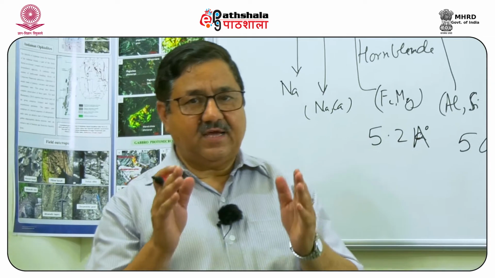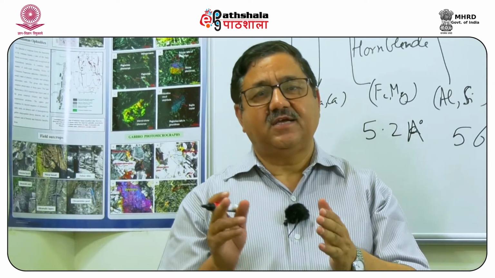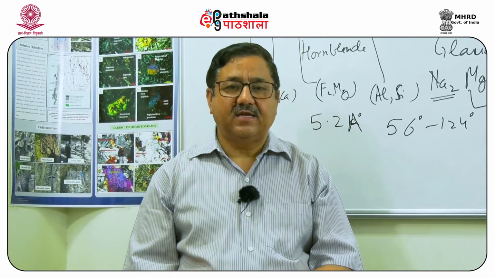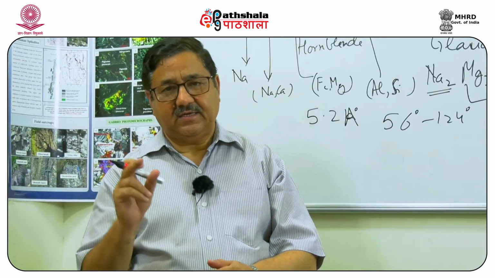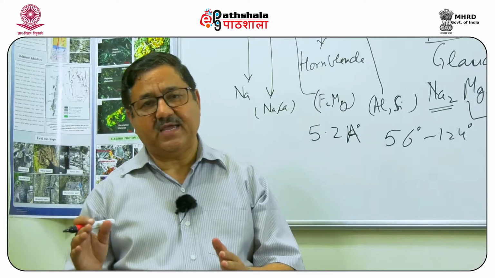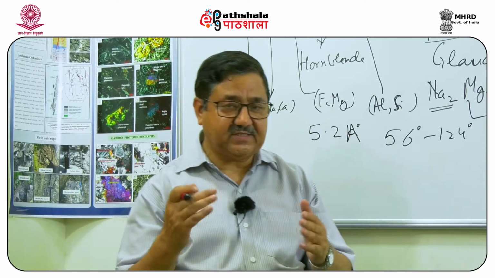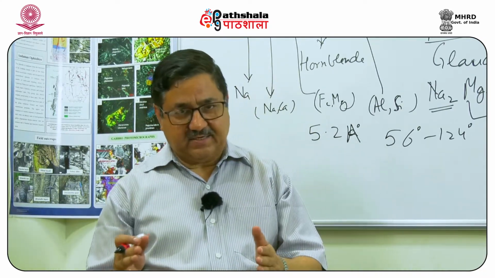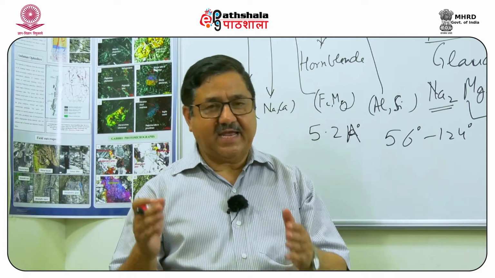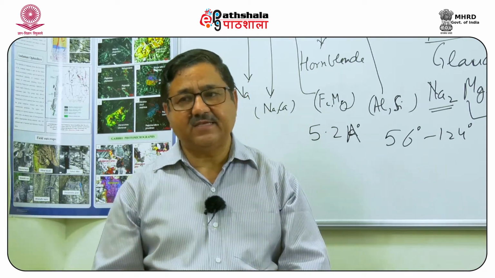Now, in the two chains, the opposite apices of the tetrahedra describe the M1, M2 and M3 sites, and the bases describe the M4 site. So, there are 4 M sites which are occupied by different cations. Now, they are not of fixed coordination. If the cations are larger, they can be 8-fold, and if the cations are smaller, they can be 6-fold.